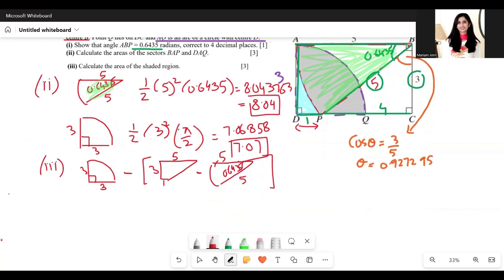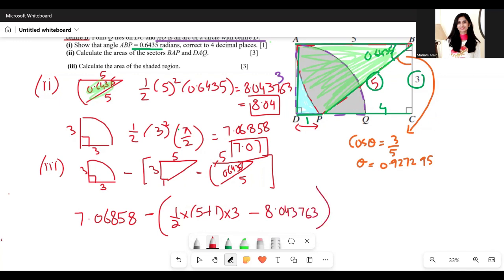The area of this sector came out to be 7.06858 earlier, minus brackets, area of trapezium, which is half times sum of parallel sides times height, minus the area of the green sector, that came out to be 8.043763 earlier. Subtract these two and then subtract the result from 7.06, and you should get 6.11 after rounding.